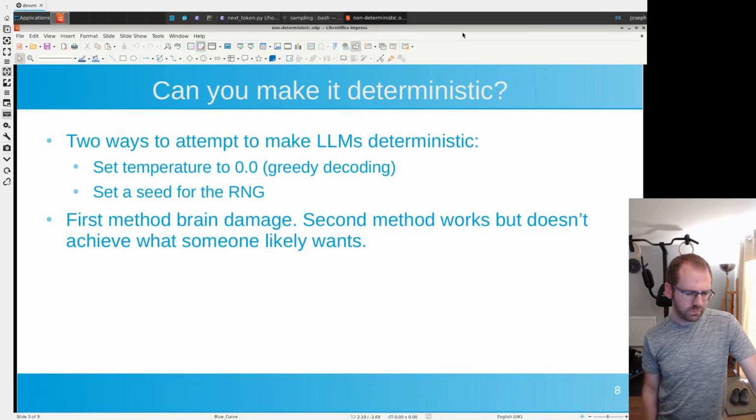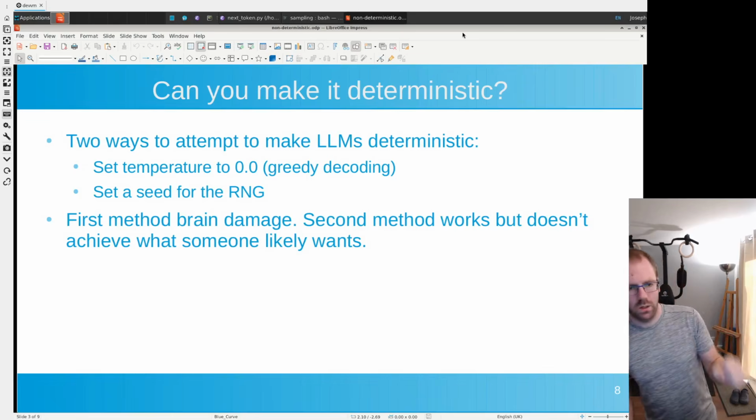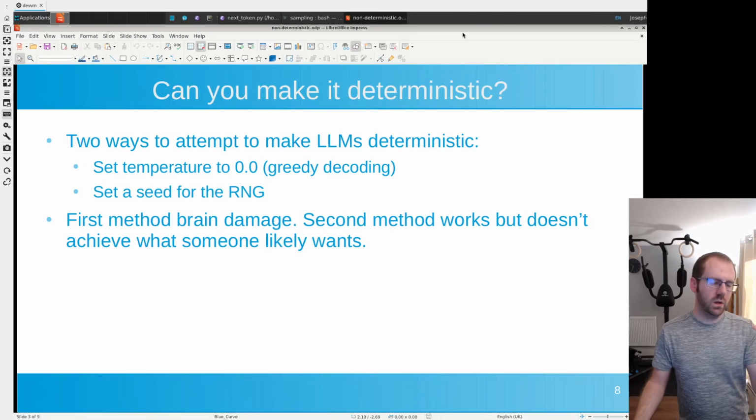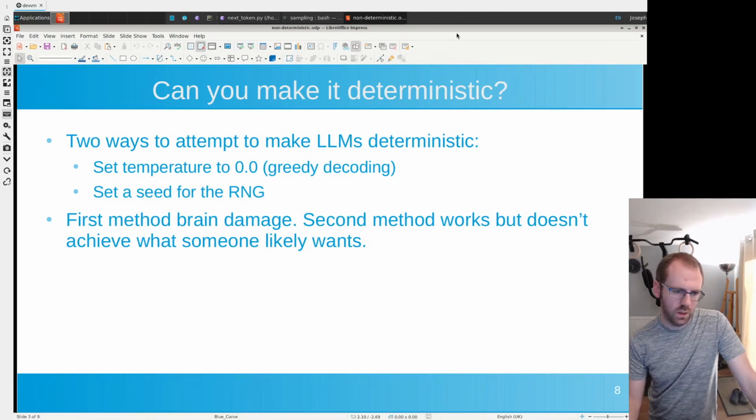If the LLM is 51% certain that it wants to use this token and 49% certain that it wants to use that token, and you just always pick the most likely token, you're applying a bias over and over again every time you select a token. So it tends to just screw the LLM up and make it lose its mind. Setting a seed does not have that problem, but it still doesn't achieve determinism in the way people think it would or should.